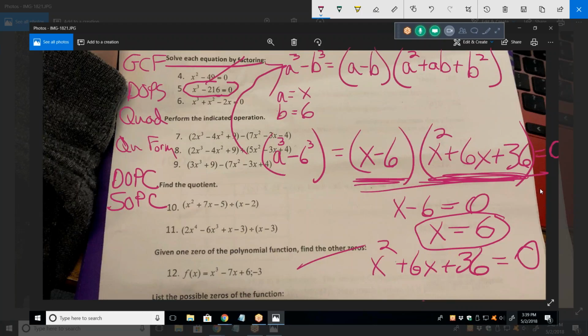Have you had complex numbers, Haley? Yeah. Okay. Well, when you go to solve that one, you've got to use the quadratic formula, and you're going to get complex solutions. Do you know the quadratic formula?